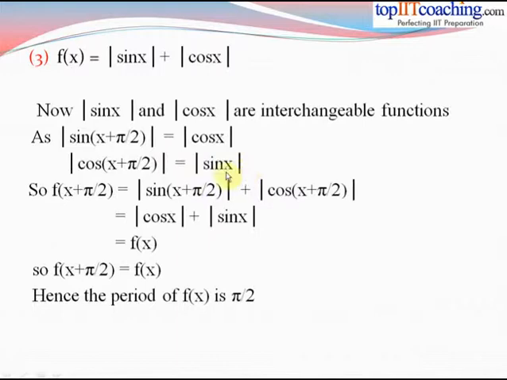Thus we can say that f(x + π/2) is equal to modulus of sin(x + π/2) plus modulus of cos(x + π/2), and this is equal to modulus of cos x plus modulus of sin x, which is nothing but equal to f(x). Thus f(x + π/2) = f(x). So we can clearly see that π/2 is the period of f(x). So f(x) = modulus of sin x plus modulus of cos x is a periodic function with the period equal to π/2.